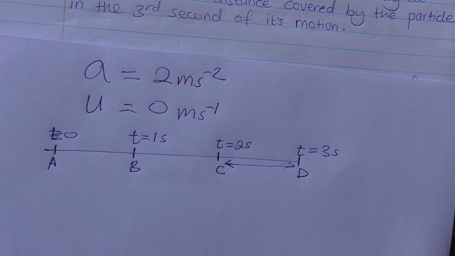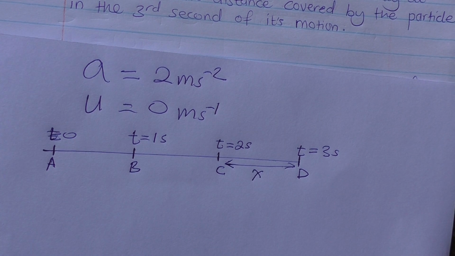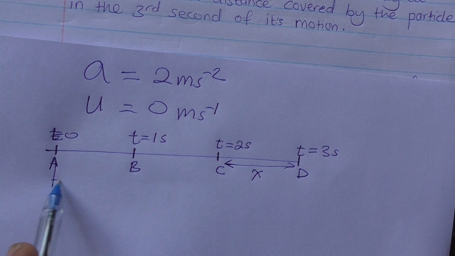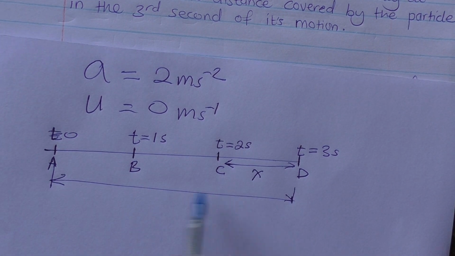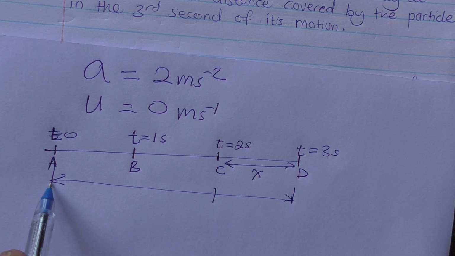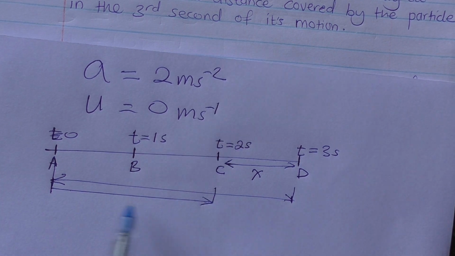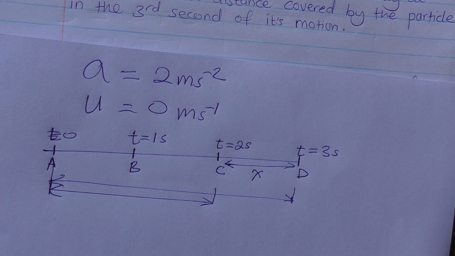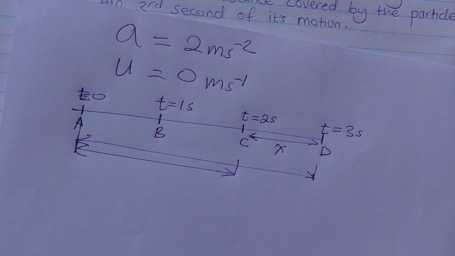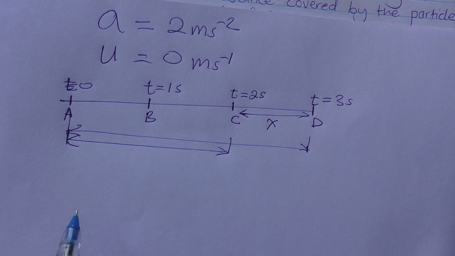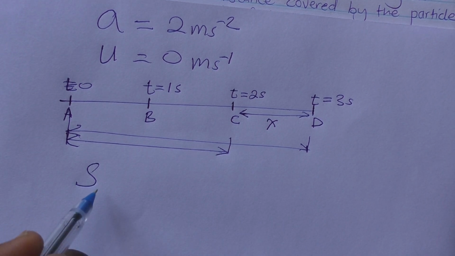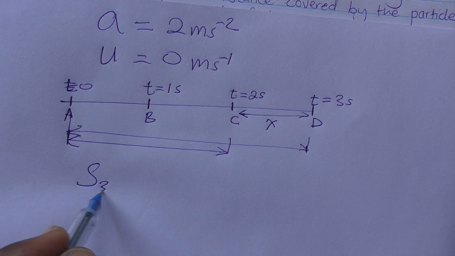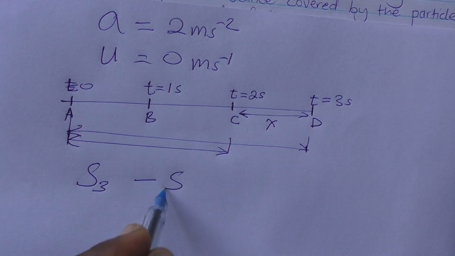So this is the third second. This distance that is asked can be got by getting the total distance and taking away the distance during the second second. That can be achieved by getting S3 minus S2.